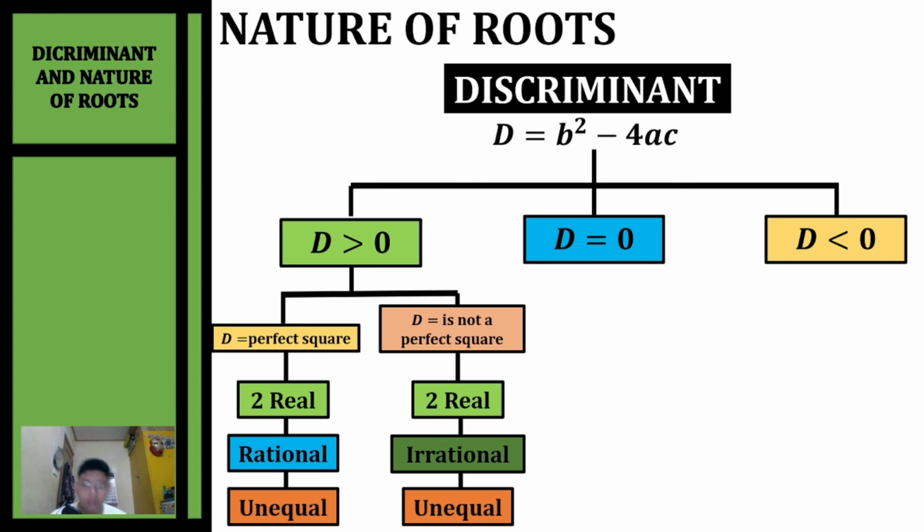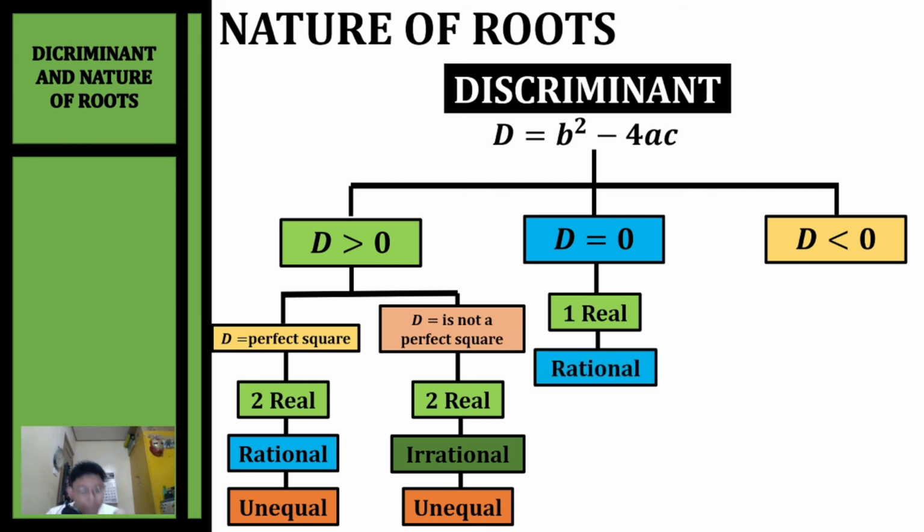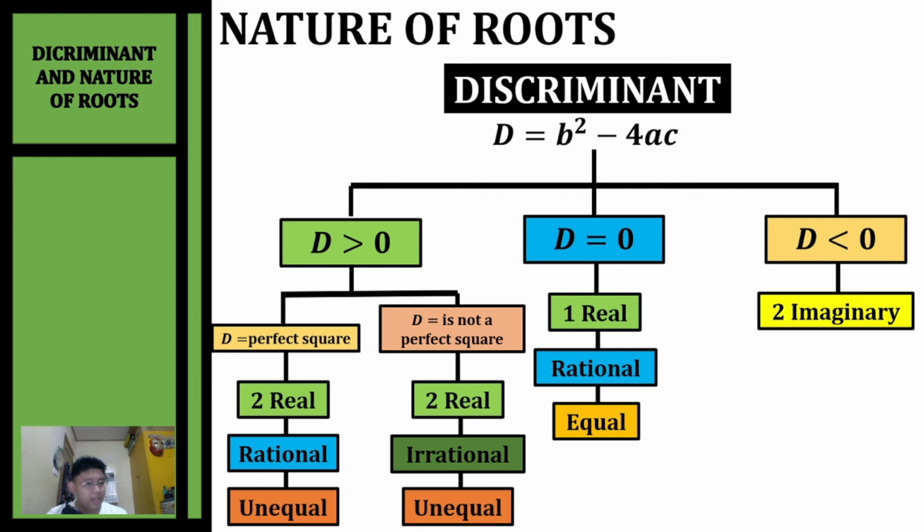Now, what if it is equal to 0? Then we will have a real number, a rational number, and also equal roots. This will be the type of parabola that has a vertex along the x-axis. And last, if our discriminant is less than 0, then we will have two imaginary numbers that are unequal.